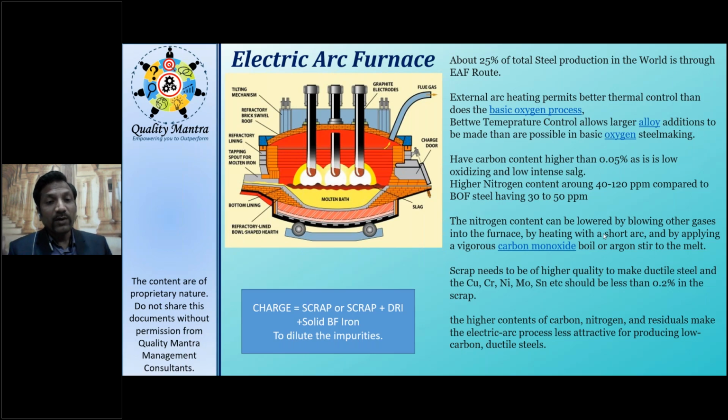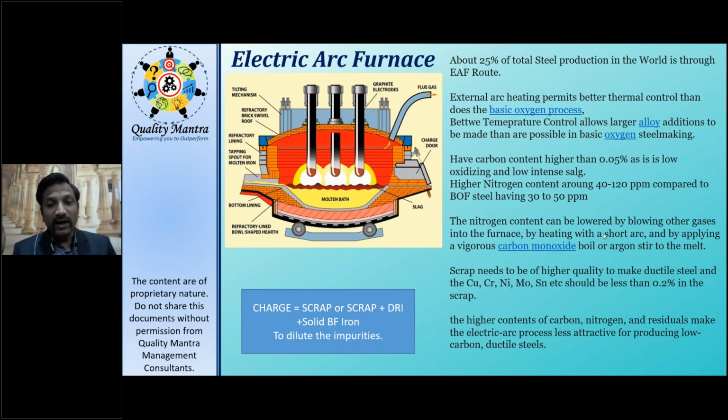So if you want to make low carbon steel with higher ductility, or even high carbon steel with required drawability and ductility, the scrap being used should have a lower amount of all these elements. That disadvantage is there, that the scrap may contain a higher amount of these if it is sourced from a non-critical application, then it will have a higher amount of these things.